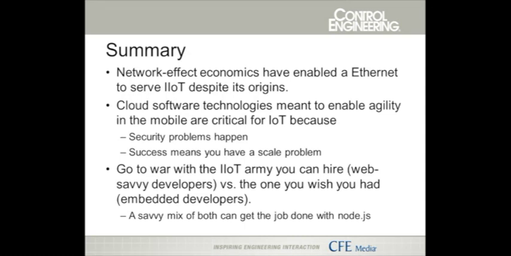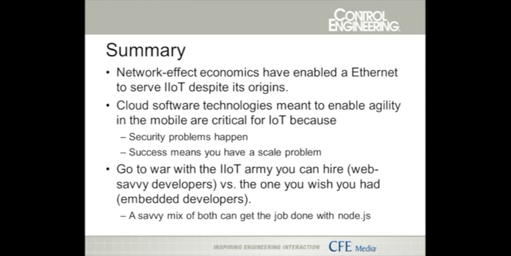Okay, so to wrap my section up, network effect economics have enabled Ethernet to help IoT despite where it started. Cloud software enables agility, and you have to have agility because security, well, stuff happens. And it also handles scale. And if you intend to be successful, you will have a scale problem.